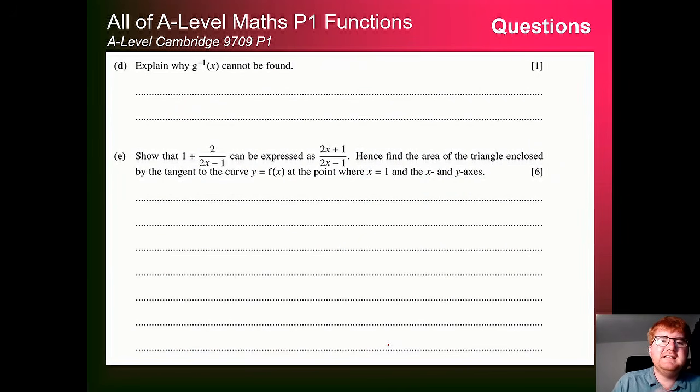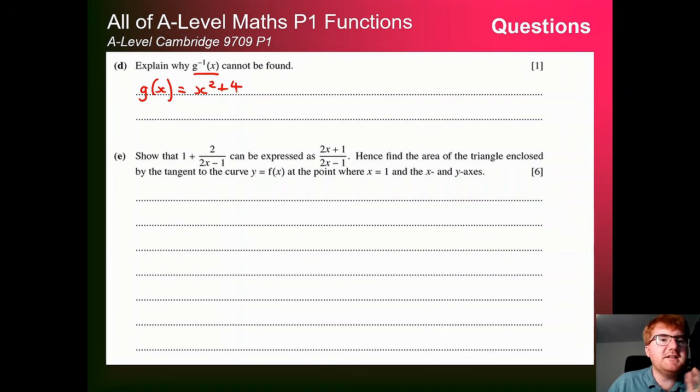Now on to question D, which I thought was a very interesting one. Explain why the inverse of G cannot be found. And this is interesting because we're going to see this in another question, a similar idea. So first of all, G of x is equal to x squared plus 4.